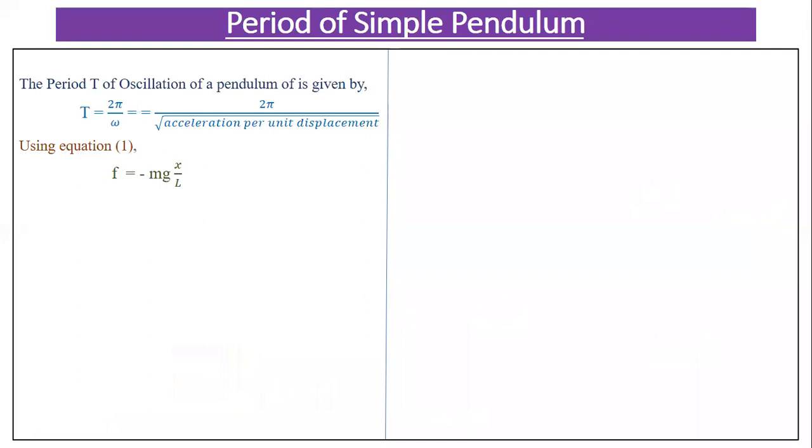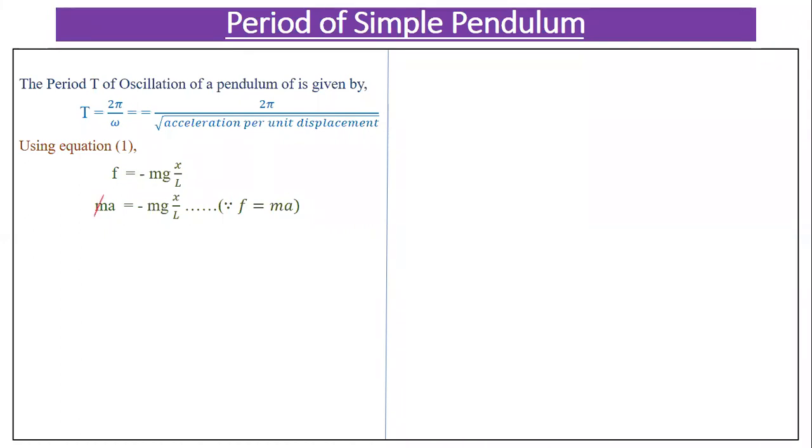By using equation 1, F is equal to minus mg into x by L, and F is equal to ma, so ma is equal to minus mg into x by L.